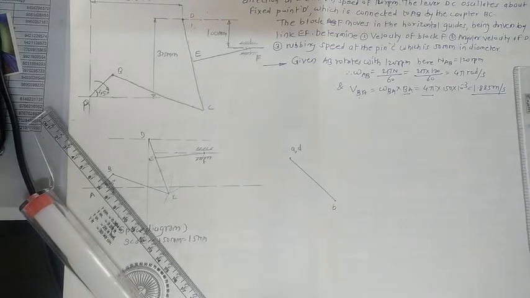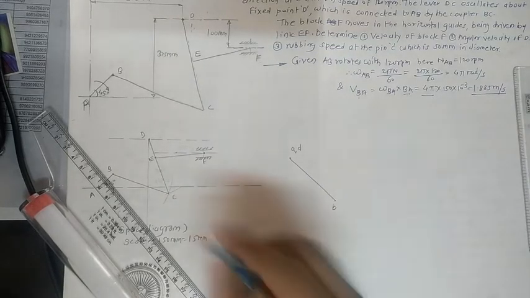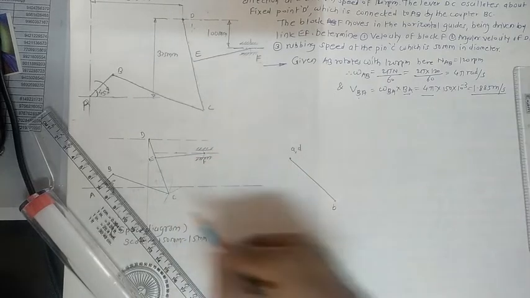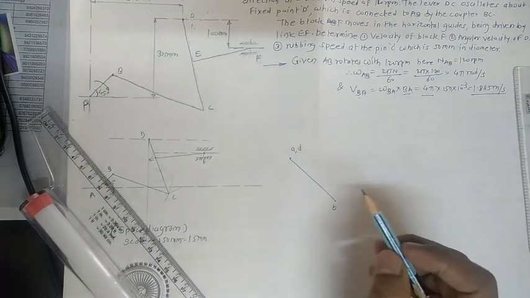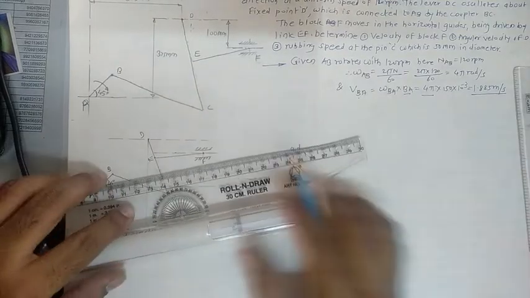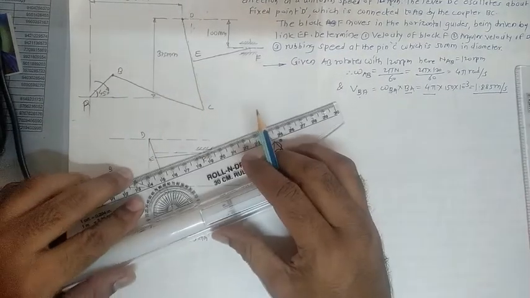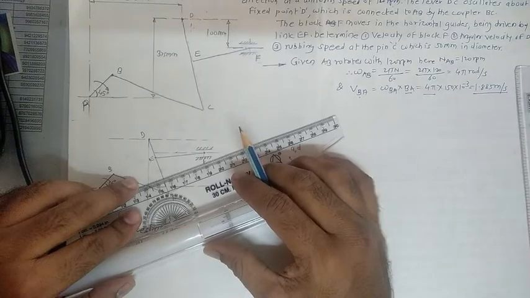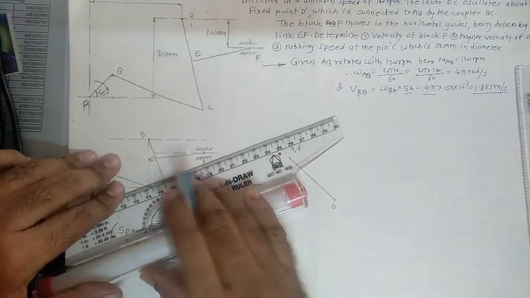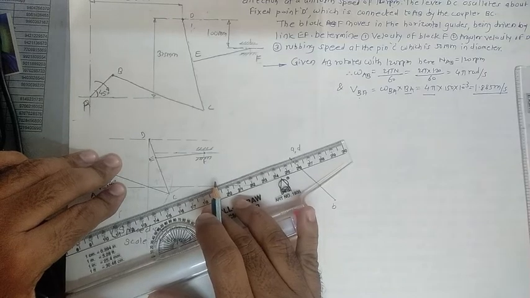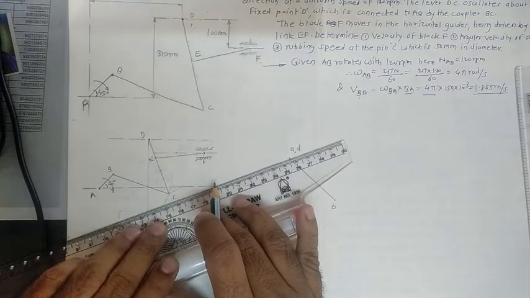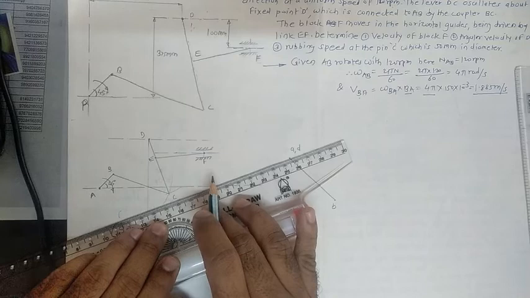Once we get the B point, the D point is already with us. C also lies on this D point. So from this D, draw one line perpendicular to this D line. In this way, draw the line perpendicular to that D point.